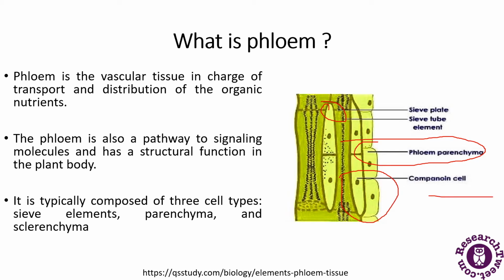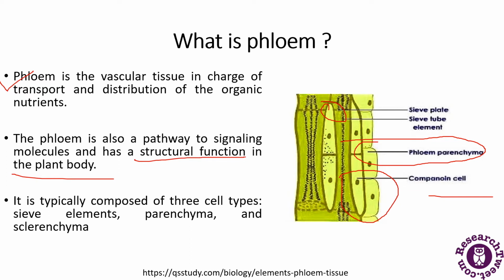Phloem is a vascular tissue in charge of the transport and distribution of organic nutrients. It is also a pathway responsible for the signaling of molecules, and it has structural functions in the plant body.